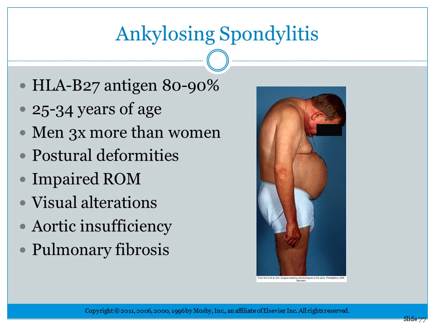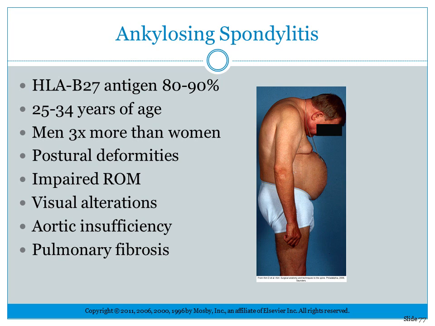The constant kyphotic posture is going to result in perhaps some aortic and cardiac insufficiencies, some pulmonary related issues as a result of the inability to fully expand the chest and lungs. So he's got impaired range of motion.